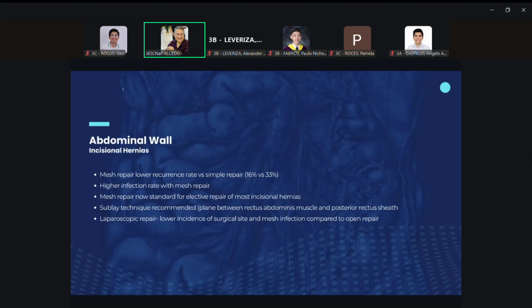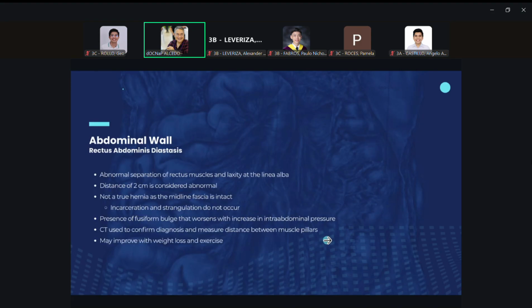And for incisional hernias, the sublay technique is recommended. Okay? Now, rectus abdominis diastasis can just be temporary. So you just have to evaluate the patient carefully.